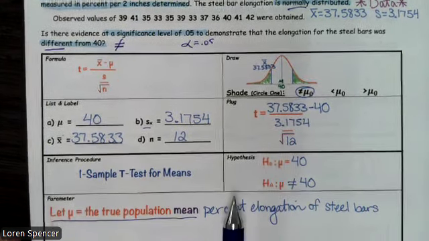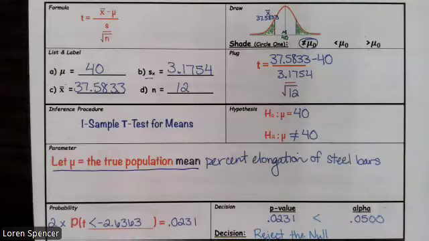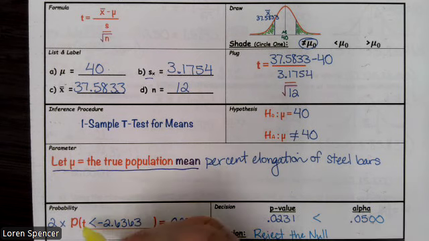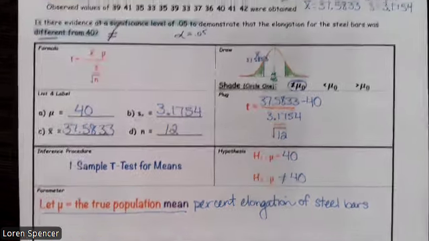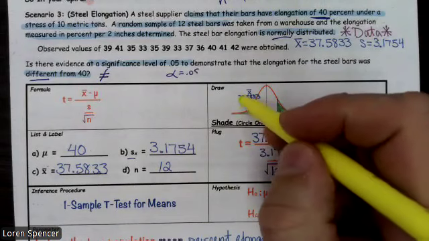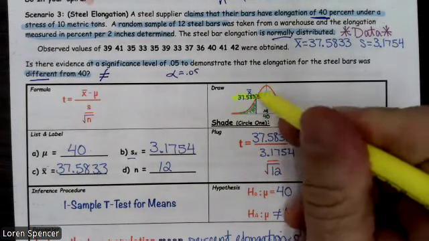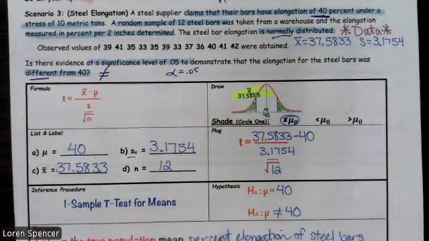And if it's a two-tail, we have to include 2 times in front. 2 times the probability that t is less than. And you're probably wondering, how did I know that this was less than? And there's a couple ways. One, my t statistic was negative. The other thing is my X bar up here was below the mean.